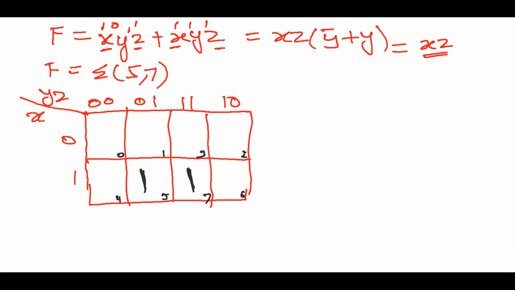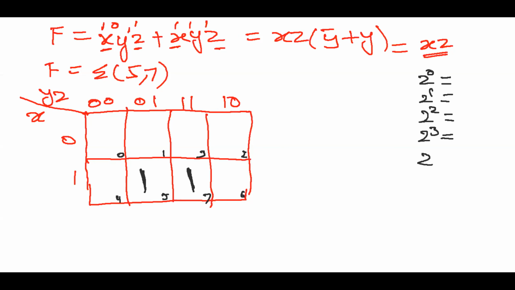Once we place the ones, the second thing is that we have to make groups of ones. We have to combine these ones and make pairs. Here are some rules which we should know. The very first rule is that you need to make the largest group always. The group size should be a power of 2. You cannot make any number of ones in a group.